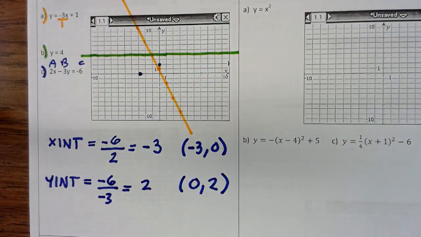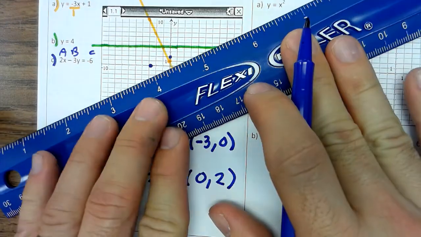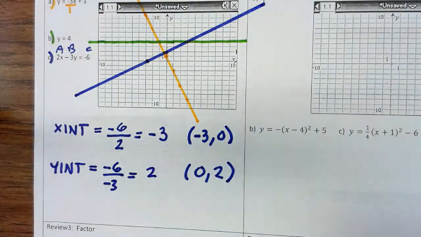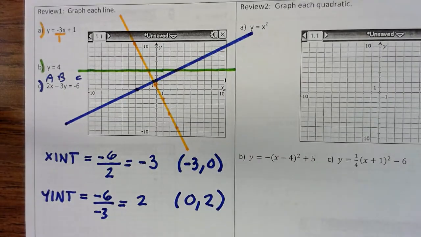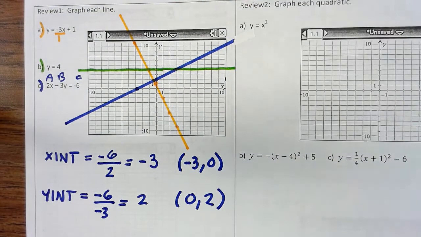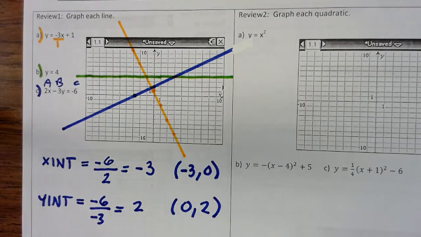Now it takes 2 points to make a line, so we don't need to worry about our slope, and we have our line. Okay. And looks like we got two. Well, almost there. So a little whiteout to fix that. All right. So now that's reviewing graphing linear lines.